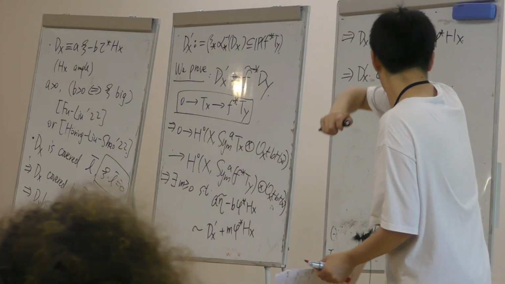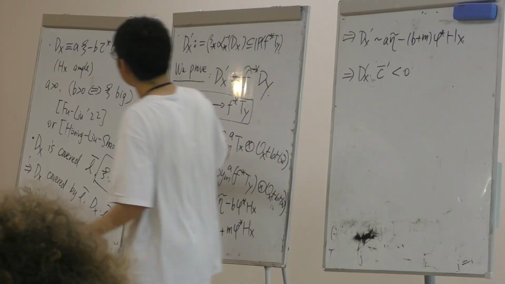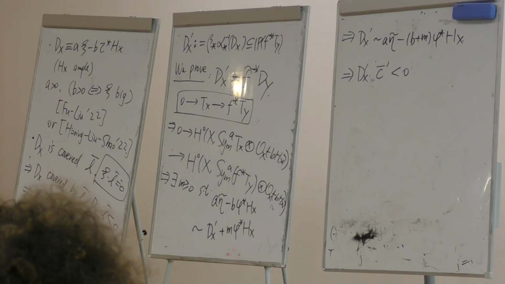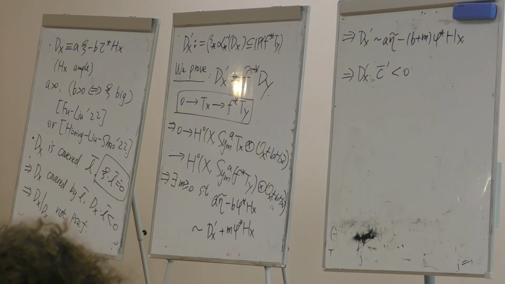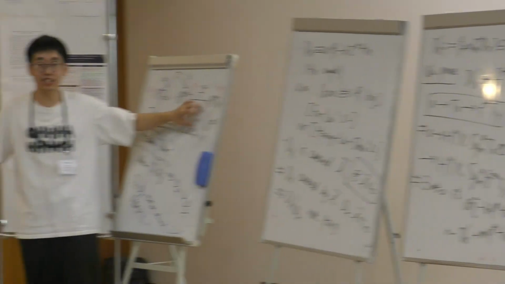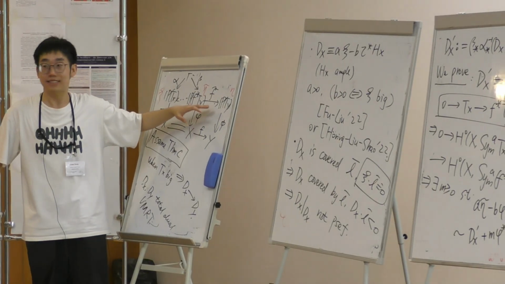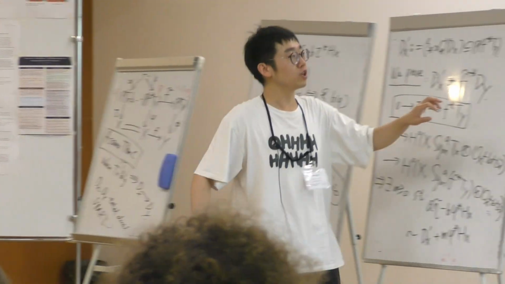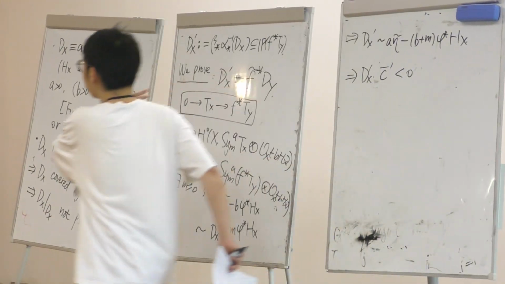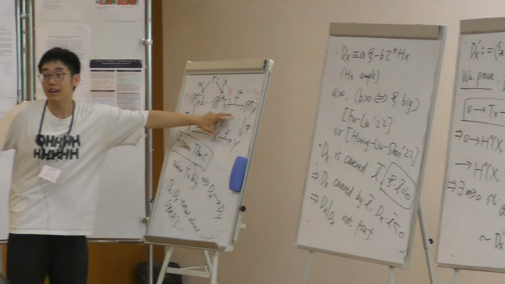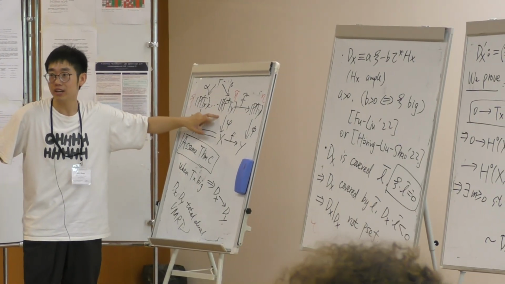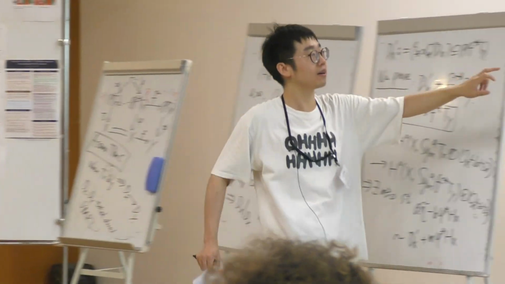Why is it? Because, as I just explained, except for this dx, we also have dy. And dy is also covered by rational minimal section C bar, which has negative intersection with it. So this C bar lives in this PTY, and we take any pre-image C bar prime here.